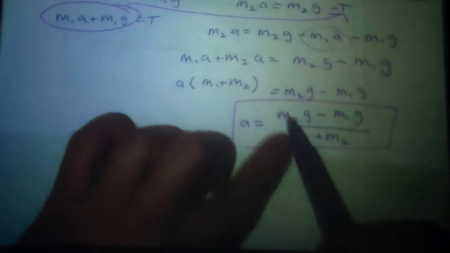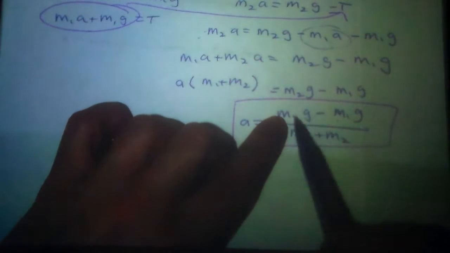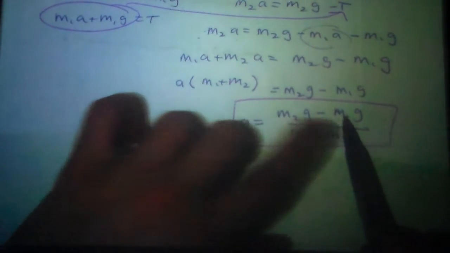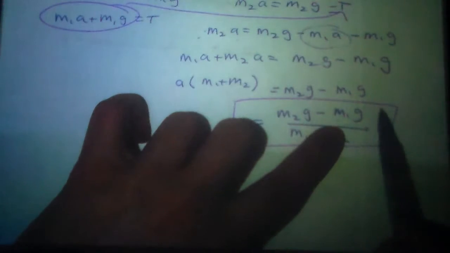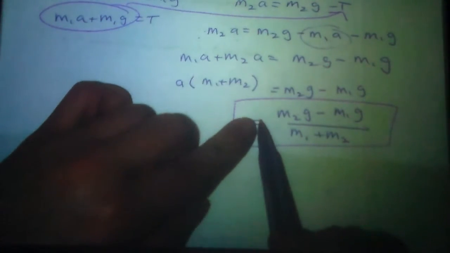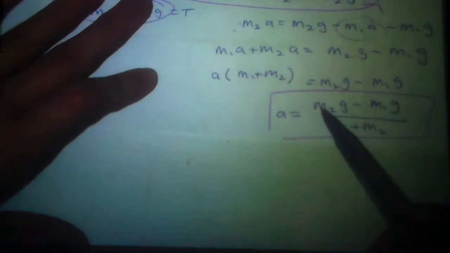If M2 is only slightly larger, then I have an acceleration, but not a big acceleration. See how when you subtract, if it's only a little bit bigger, you have a small numerator, so you'd have a small acceleration. Now, if M2 is much greater than M1, then the difference between them will be much greater, so you'll have a greater acceleration.